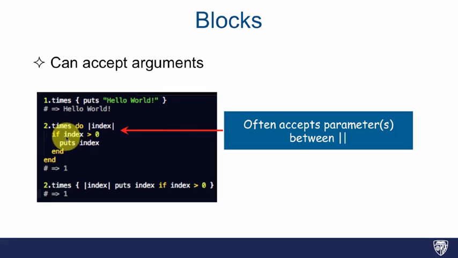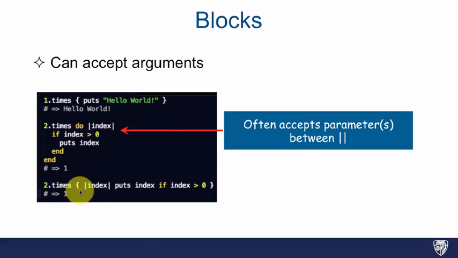So we say if index is greater than 0, print it, otherwise do not print it. The iterations are 0 and 1, and only 1 is printed because that's the one that's greater than 0.